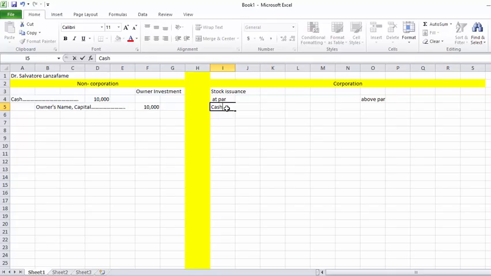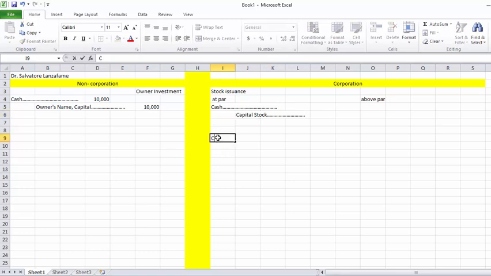We would debit cash, and we would credit, I'm going to be generic and just say capital stock, just so we can see the similarities with the owner's name capital on the left side. But I just want you to know that instead of capital stock, we usually are a little bit more specific and we'll say something like common stock or preferred stock.